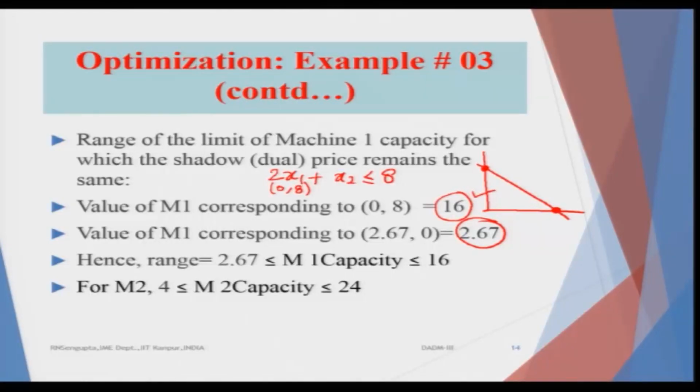In one case it is 100 as it is here, another case is less than 100. Hence, the range of capacity utilization for machine 1, considering that 8 hours is given in constraint 1, is between 2.67 and 16.